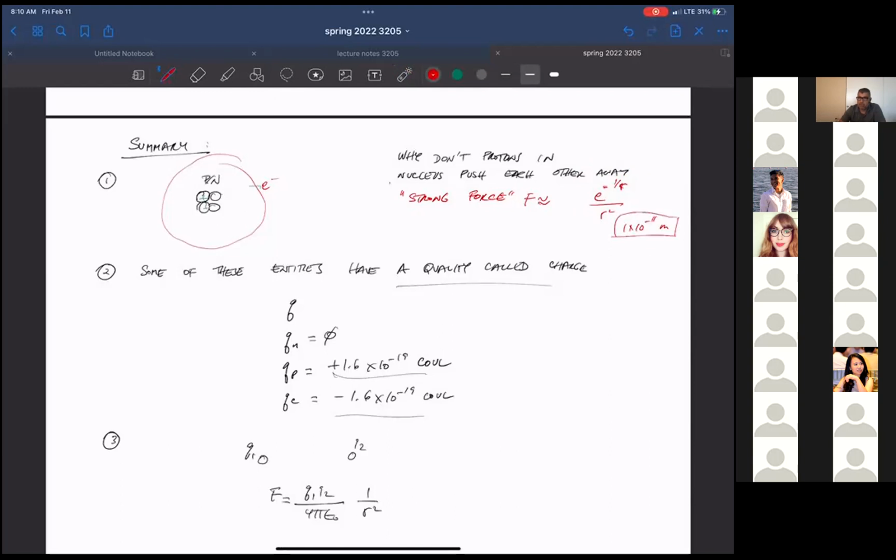And this is part of the reason why we can't get atoms with atomic numbers bigger than a certain amount. That means that you can only have so many protons in a stable way in a nucleus, because even over the short distance of a nucleus, the nucleus gets big enough so that this force, because of this really rapid drop off, fails even inside the nucleus, which is a really, really small distance.